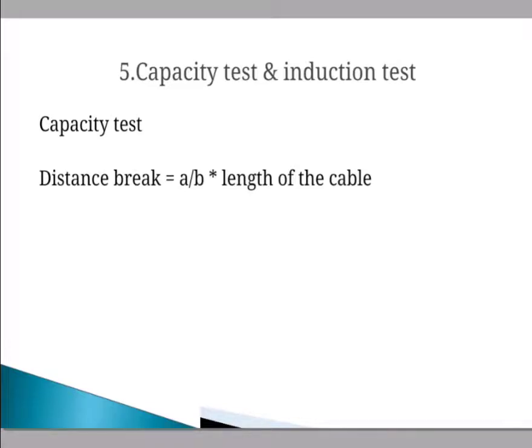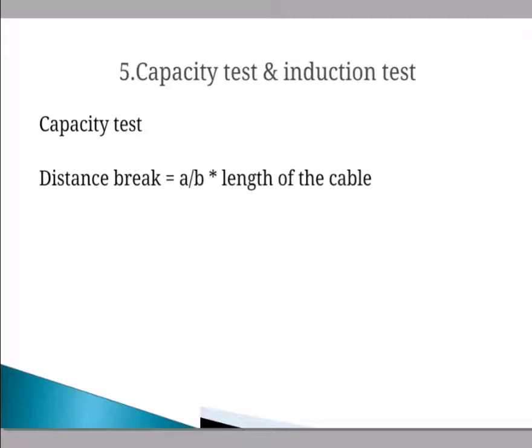We discuss the next test for locating an open circuit fault in a cable. For that purpose, we use the capacity test, when the insulation of the faulty core is high. The principle of this method is to compare the capacity of the faulty core with a sound one, that is a good cable or standard condenser.